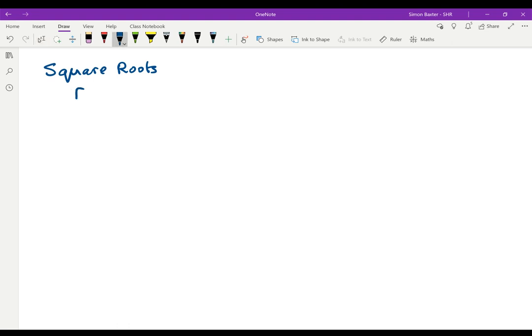Let's suppose that we're asked to find the square root of 6 plus 8i. In other words, we're looking for a number a plus bi, which equals the square root of 6 plus 8i.